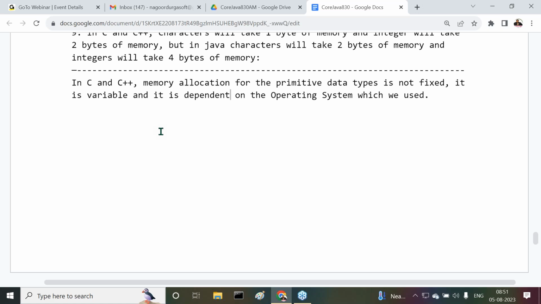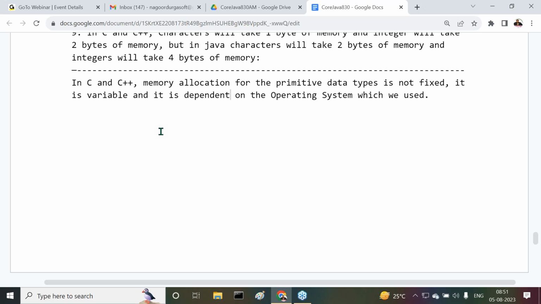In Windows, some other type. In Windows also, 32-bit operating system, one type of memory allocation; 64-bit operating system, another type; 86-bit operating system, another type. Everybody understand it clearly. So it is not fixed. It is dependent on the operating system which we use.